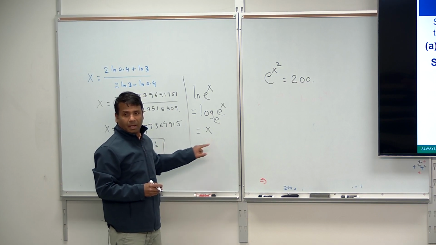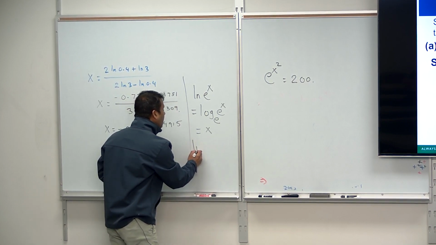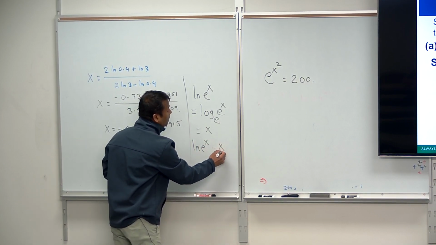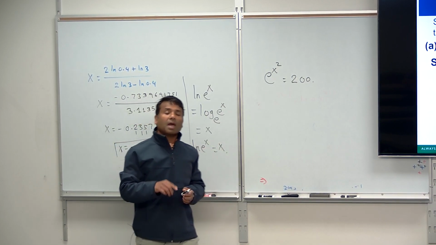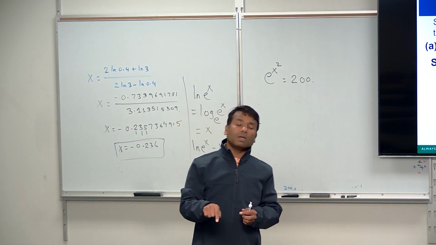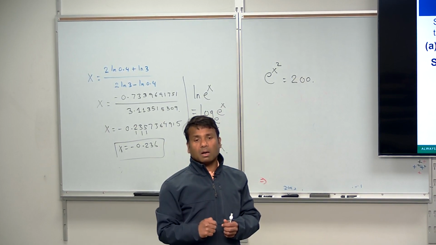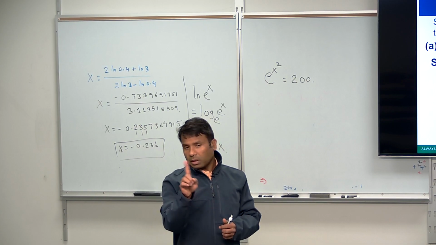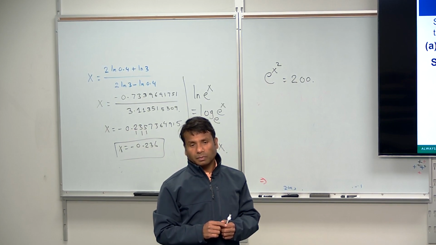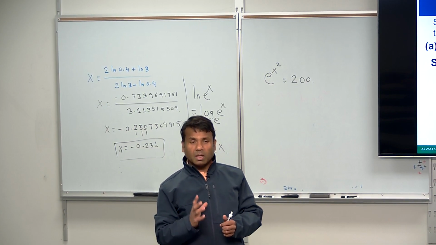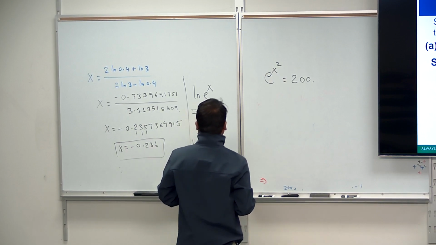Note that. So if you have an exponential equation with base e, take natural log on both sides. Do not take common log. It will be easier for you to take natural log.